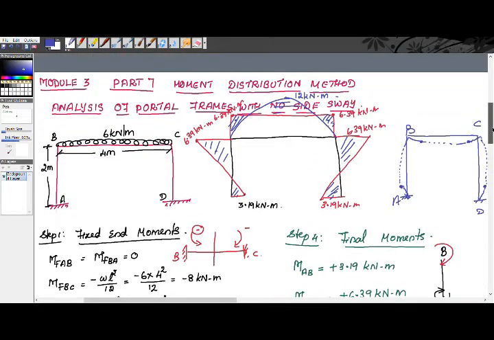Now see how will we determine the horizontal reaction at A and D. In order to find the horizontal reaction at A and D, we will take the moment about B. So when we are considering moment at B, sigma MB is equal to 0, we will consider this as HA.